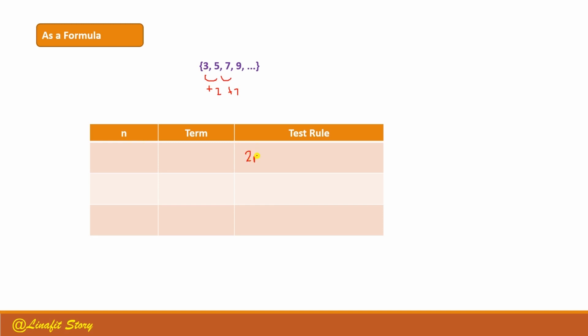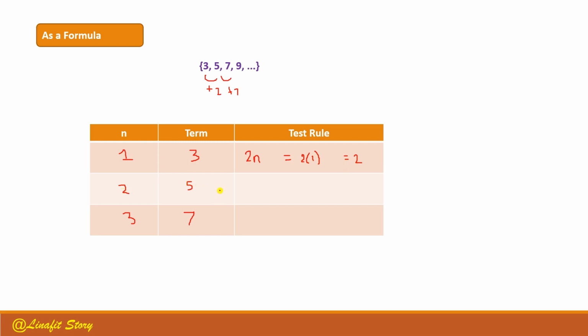we will test the rule. The first term is 3. The second term is 5. The third term is 7. Let's test it out. 2n. So 2 times 1 is equal to 2.